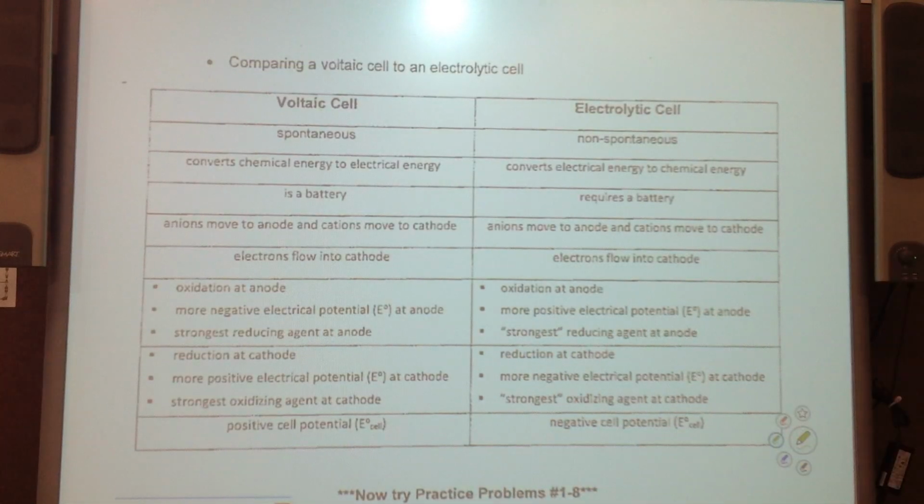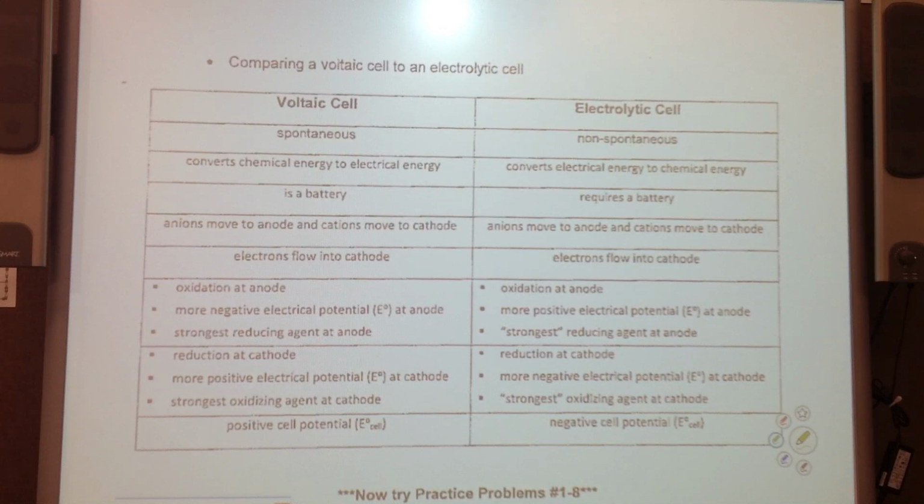Alright, so this chart here. A voltaic cell is spontaneous. It converts chemical to electrical. That's why we can get a reading on the voltmeter. It is a battery. You can create a voltaic cell and it generates electricity, so therefore it is the battery.